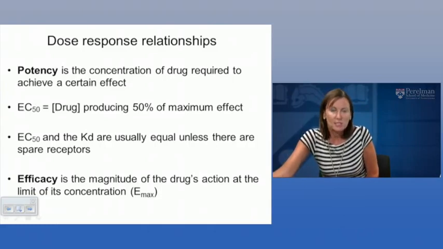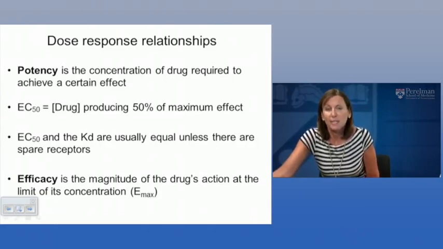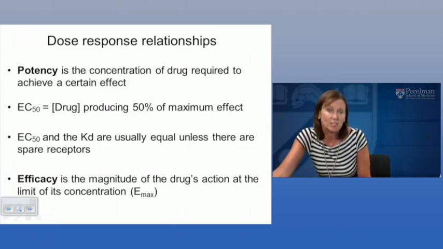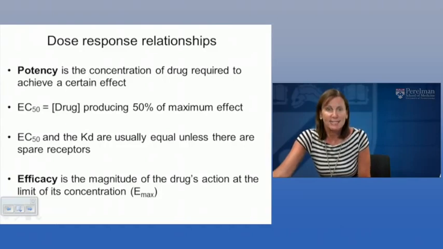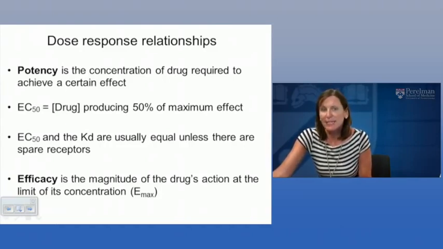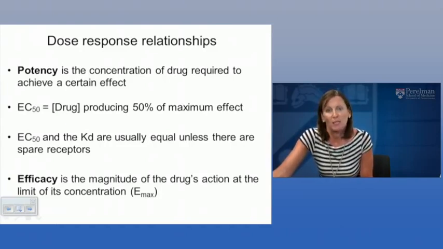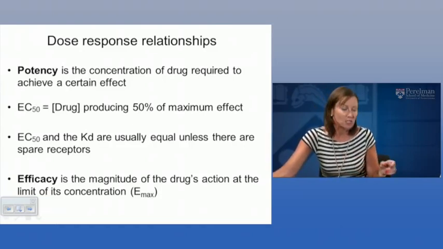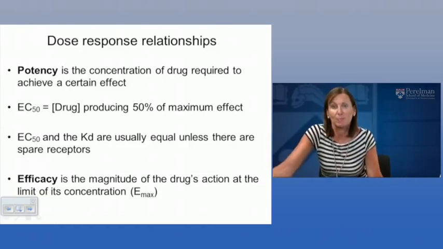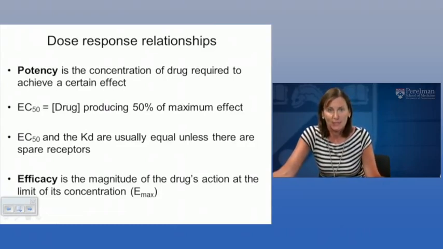But there is always the consideration that there are receptors that are not occupied, and these are referred to as spare receptors. If there are indeed spare receptors in any system, then the KD and the EC50 will not be equal. But for the level at which we're teaching this course, you can consider them equal for all the examples that I'm going to show you.